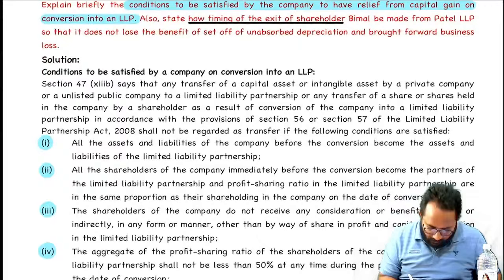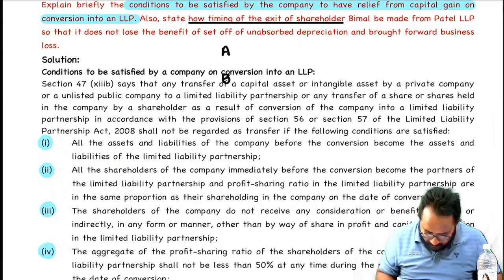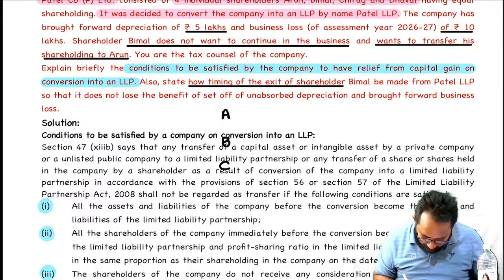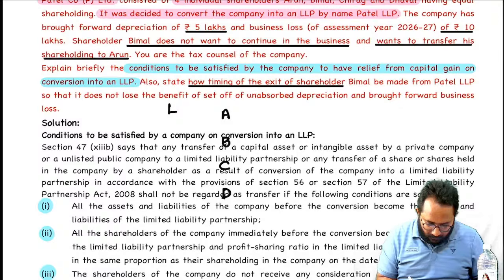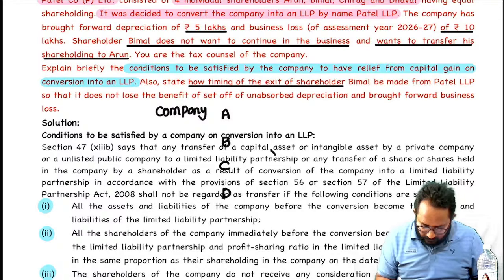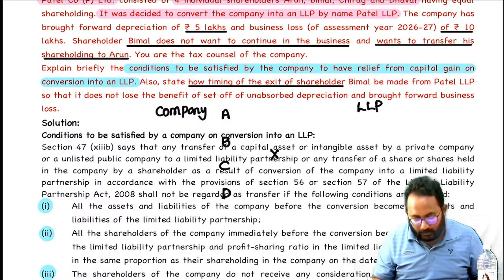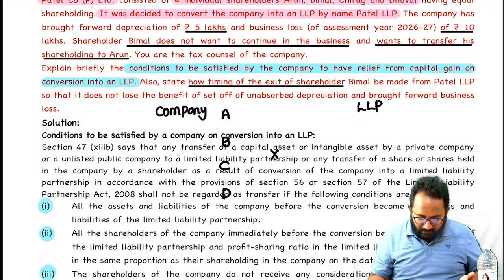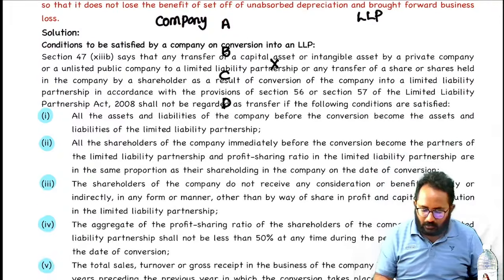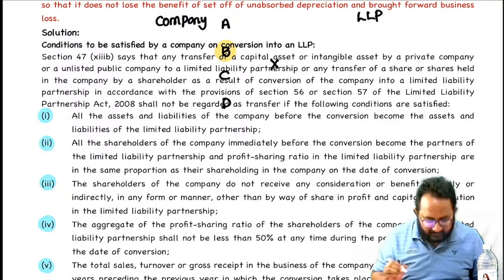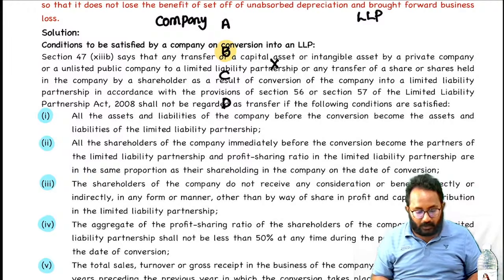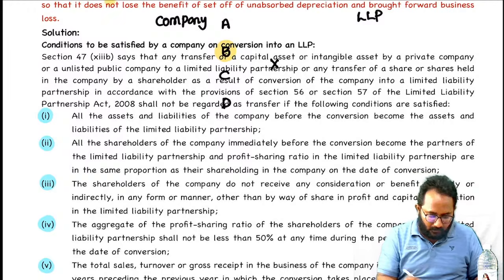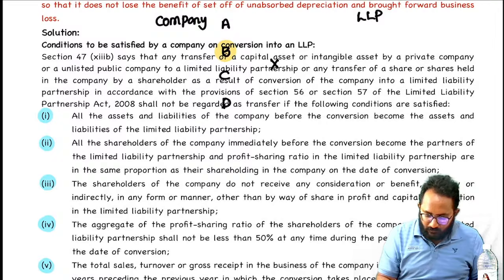Remember, Arun, next Bimal, next Chera and Dhawan. Okay. Now, these are the company shareholders. Now, upon the conversion into LLP also, how many are required? 4. But clearly, Bimal said what? I don't want to continue in the business. That means he will not shift to which firm? LLP. So, if you are in the same position, who will continue?